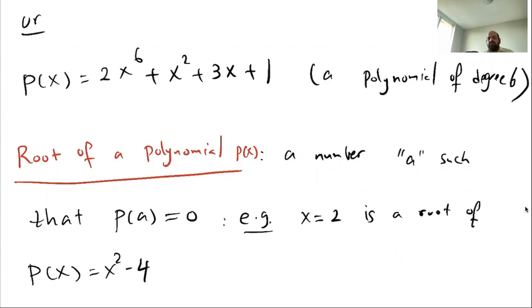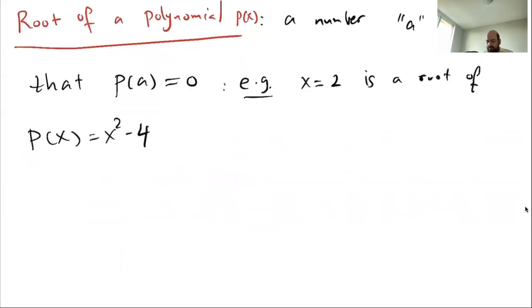Now, what's the meaning of a root of a polynomial P of X in Zp? This is the meaning of a root in the high school and pre-calculus context. But what about the meaning of a root of a polynomial in Zp? I think you can guess now.